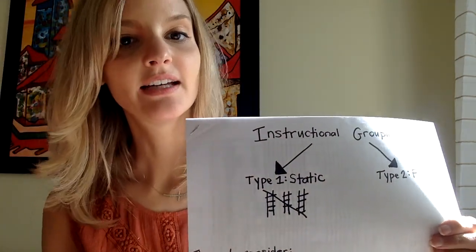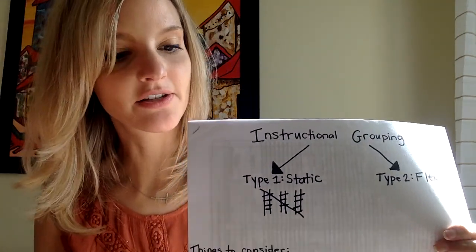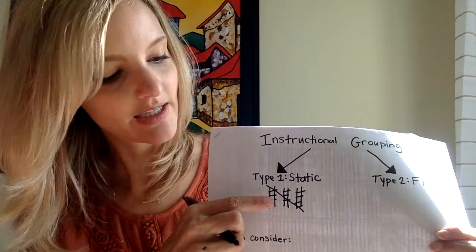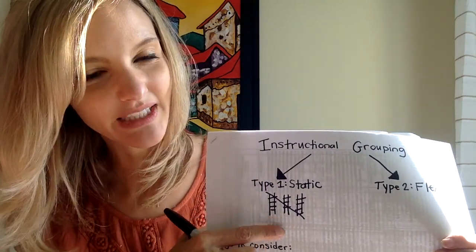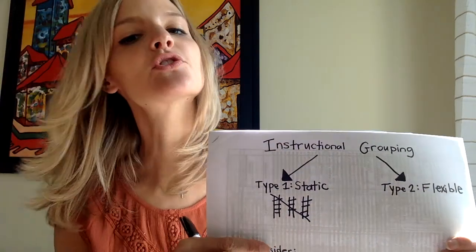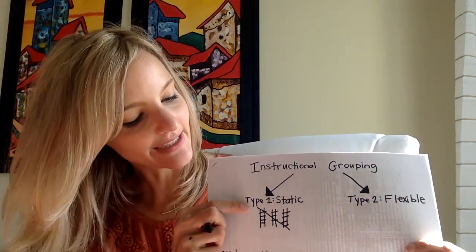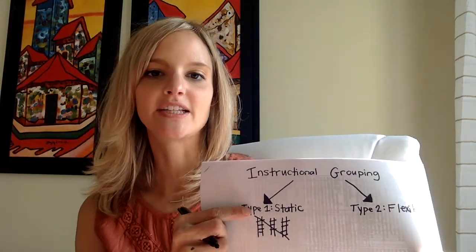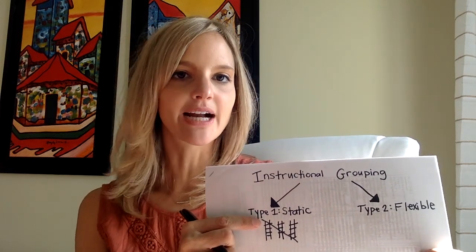And remember, we talked about when we use tracking, then it's really hard for students to jump from one track to the next. So tracking is really not good practice. And instructional grouping that is static, meaning it doesn't really change, is basically tracking.